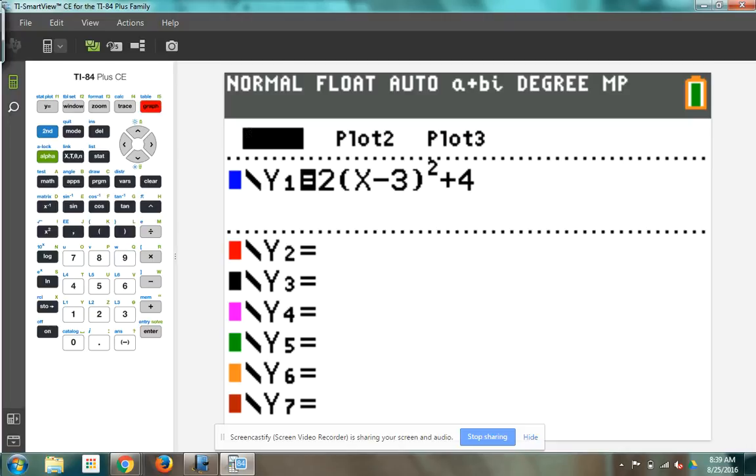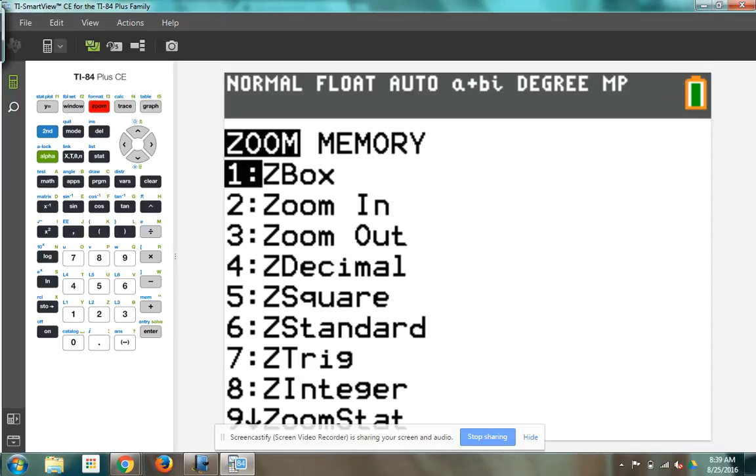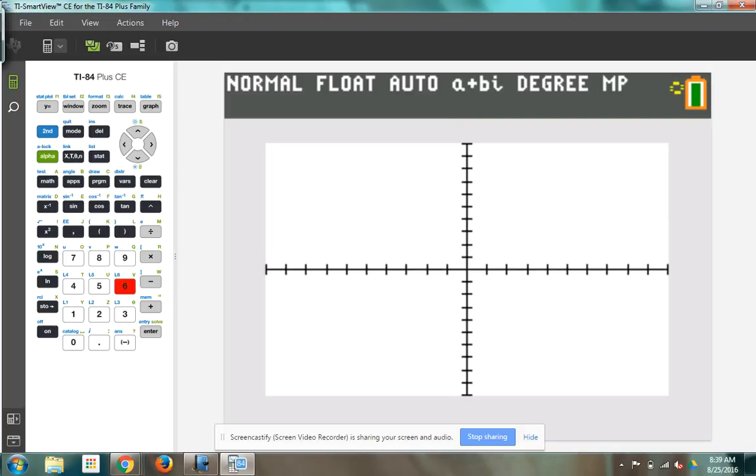And then I'm going to hit graph, and I'm not going to see the whole thing here because my graph is kind of skewed by the statistics we did yesterday. So I'm going to hit zoom 6 to get back to a regular window. Zoom 6, and then there we see that parabola. Notice it's not crossing the x-axis.